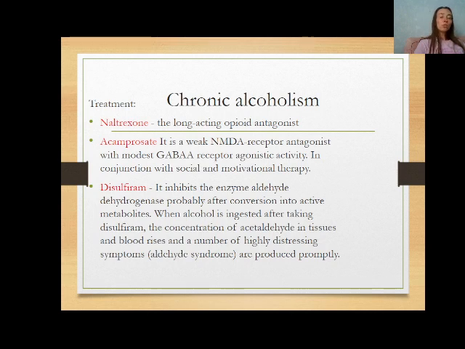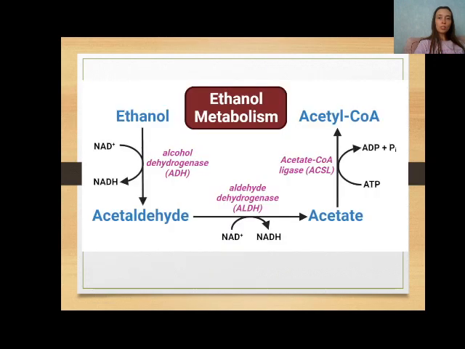And disulfiram. What's the mechanism of it? Let's return to this picture. Disulfiram inhibits the aldehyde dehydrogenase enzyme, and when the patient takes alcohol with disulfiram, acetaldehyde can't be converted to acetate.